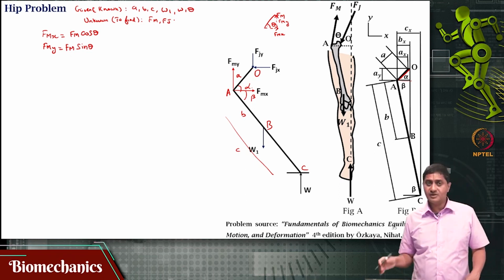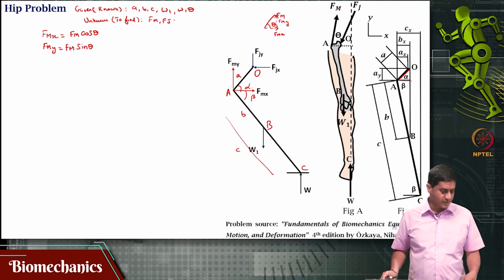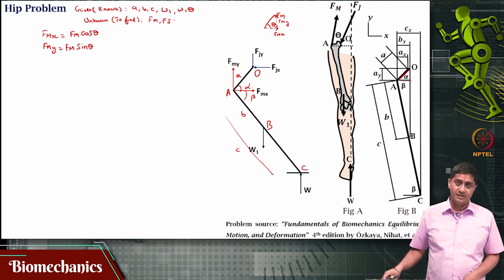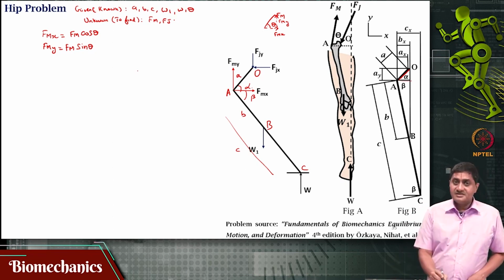Now, if I want to write out the equation of moment about, say, the point O, what would be the various forces and the corresponding moment arms that cause this? Let us write out the various forces, the corresponding moment arms, and whether that is a clockwise or counterclockwise moment for each of the forces.